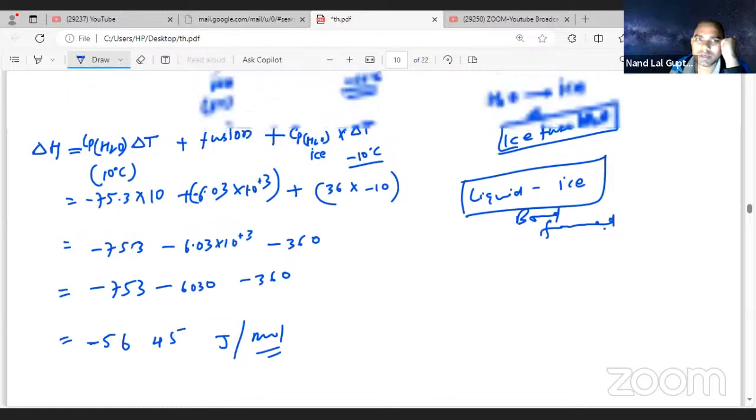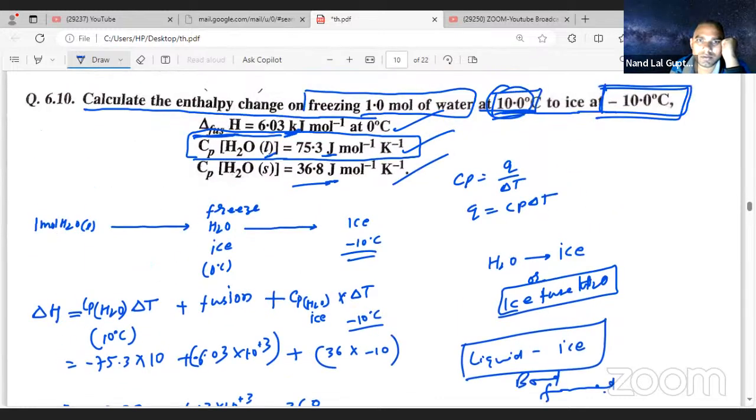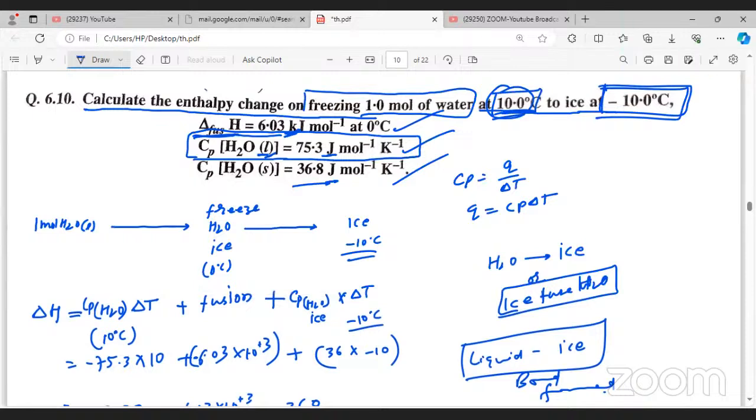Here the temperature is there, no? First term. This one I'm talking about. Sir, this one must be positive, then the answer will come automatically.